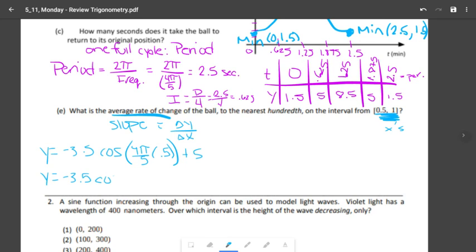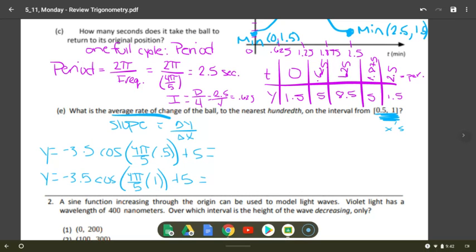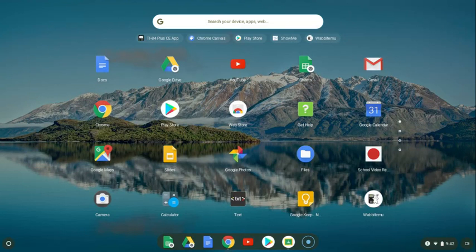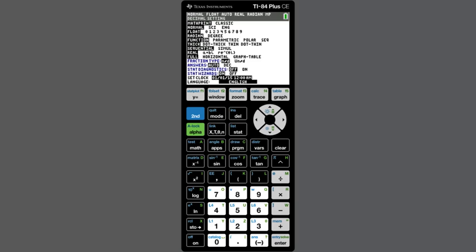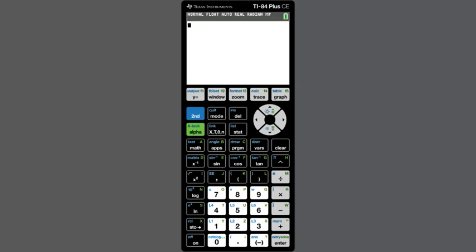Then I am going to plug in a 1 for t. And to get these values, I'm just going to go straight to my calculator. Make sure that if you go to mode, you are in radian mode, that you have a box around radian.